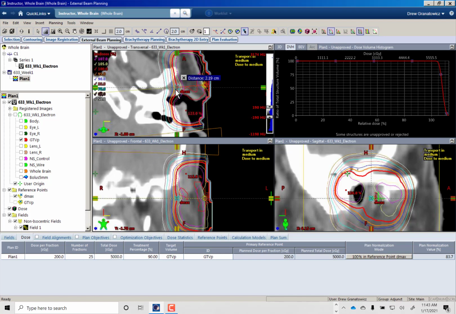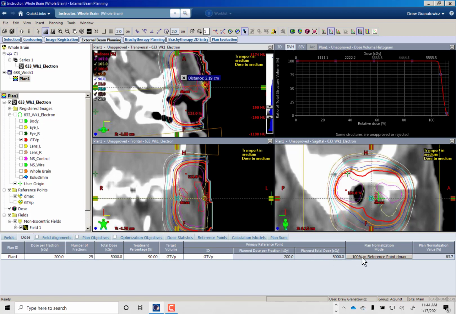So not only is it already hot, but technically 90% is our 100 right now. So if you look over here, we're getting coverage by like 5,600 centigray instead of 5,000. And that is because our isodose lines are just shifted so much because of this inhomogeneity and because of everything going on. So this is not a good way to handle this particular plan.